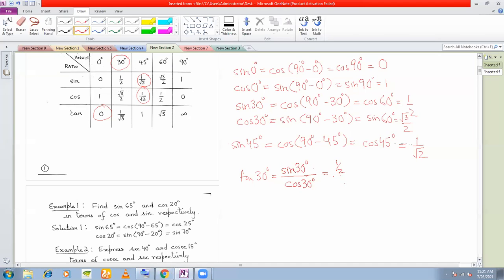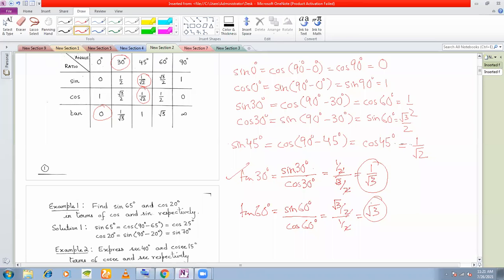Sine 30 is half. Cos 30 is root 3 by 2. So 2 gets cancelled. You get 1 by root 3. Similarly, you can show tan 60 also. Root 3 by 2 by half. This cancels. So you simply get root 3. So remember tan 30 is equal to 1 by root 3, tan 60 is equal to root 3.